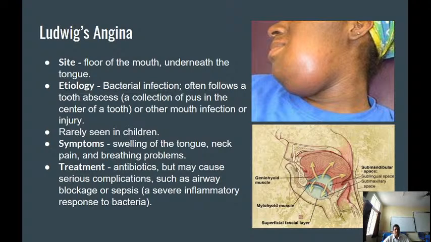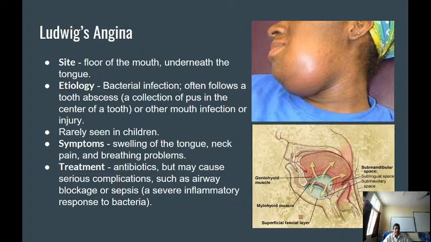Now, another condition that we encounter, which is an inflammatory condition, is called Ludwig's angina. In Ludwig's angina, the site of infection is in the floor of the mouth underneath the tongue. The entire floor of the tongue is elevated, and there is difficulty in the movement of the tongue.